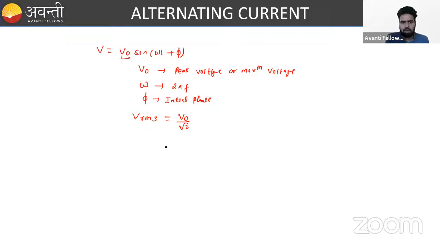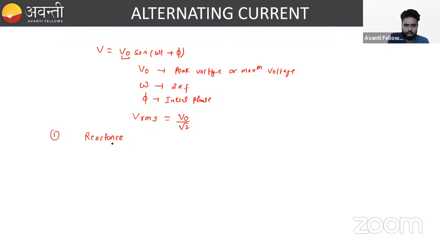There is some more terminology related to alternating current: one is the peak voltage, the RMS voltage, and another is the word reactance, right? Reactance is similar in nature to resistance, and the word reactance is used for inductance and capacitance, which are the passive elements of the circuit.